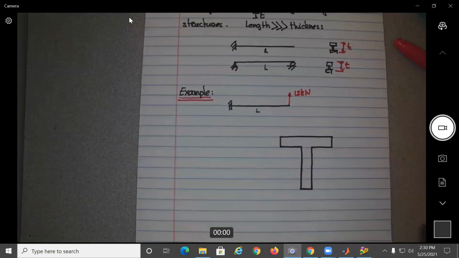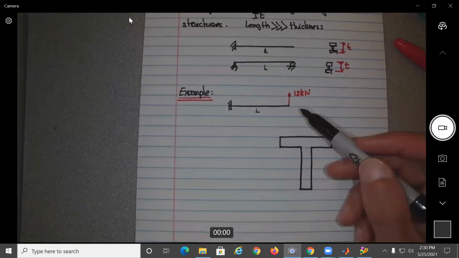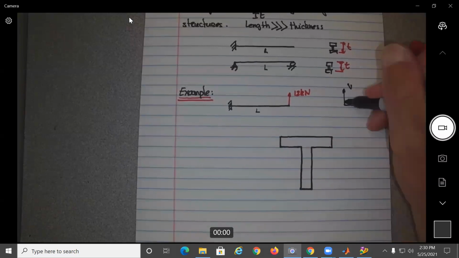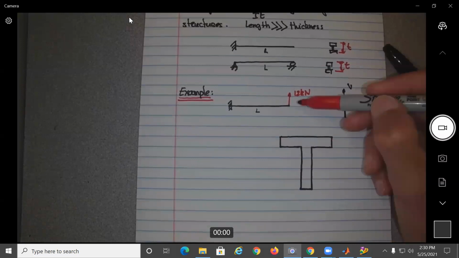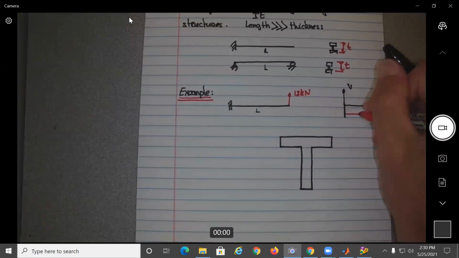Again, I'm not going to do the figure, but what should the shear diagram look like? If this is going up, what should happen over here? There should be a force in the opposite direction equal to 12, no?